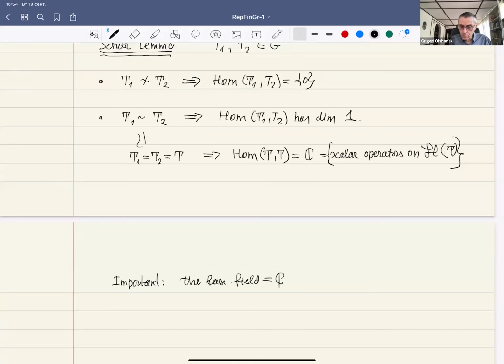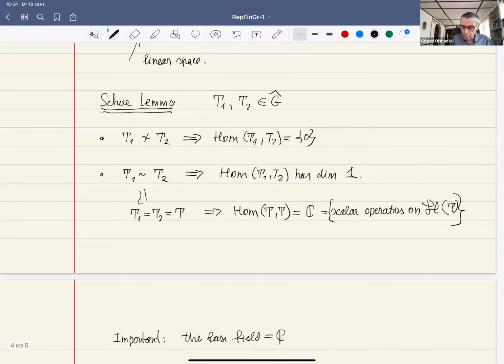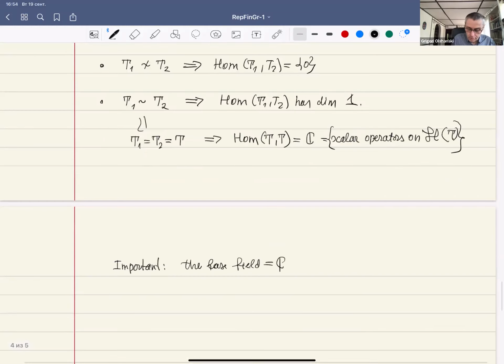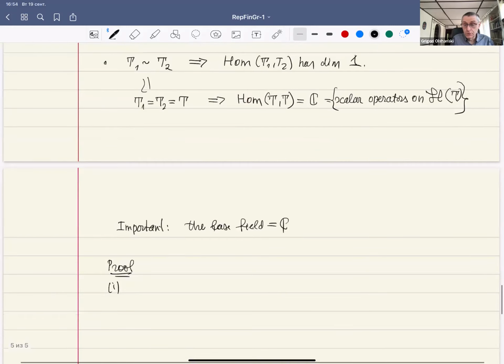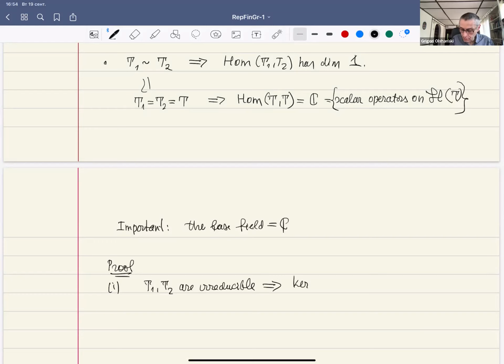So the first step of the proof is to see that once T1, T2 are irreducible, it follows that the kernel of A is either 0 or the whole space H1, because the kernel must be an invariant subspace. So it is either 0 or the whole space.